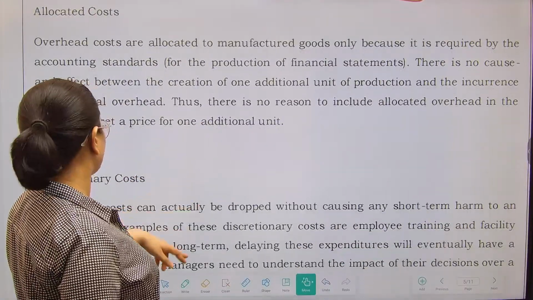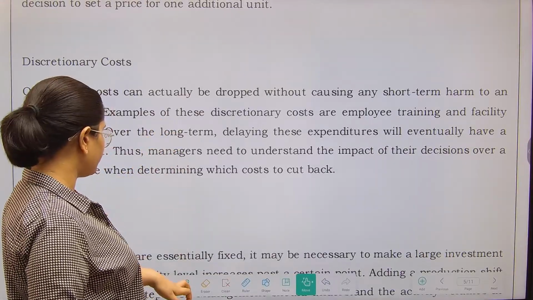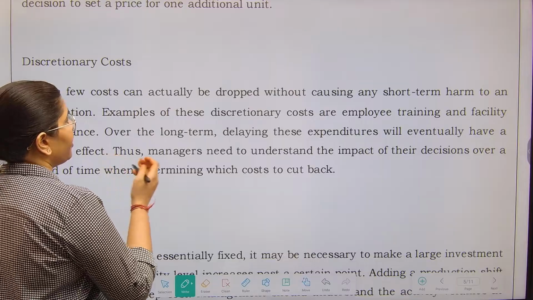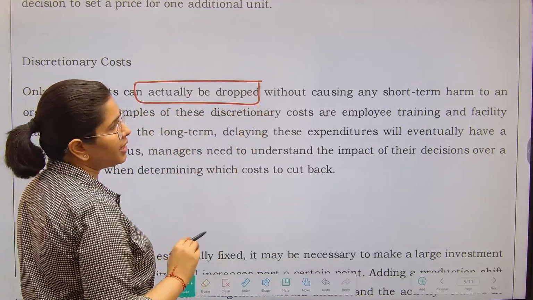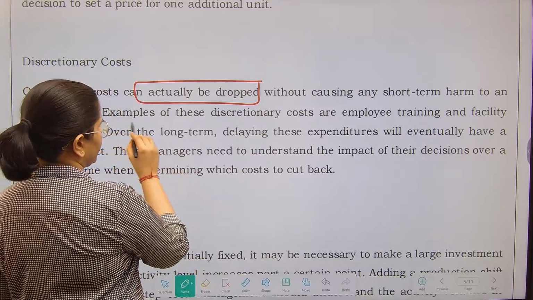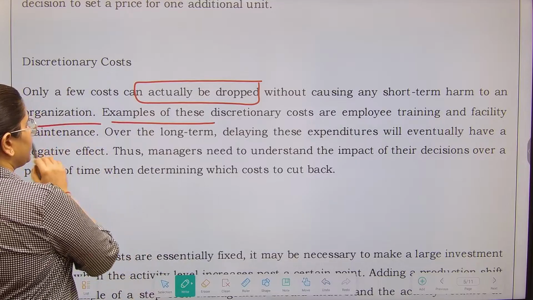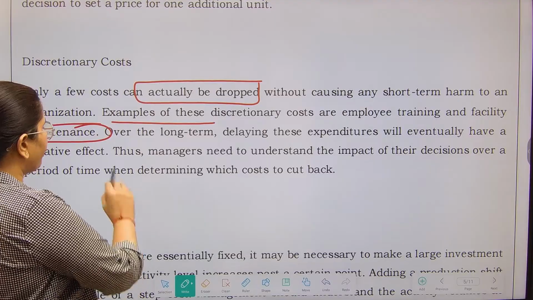Then this allocated cost is not important. This is the concept that you would like to know. So discretionary cost means only a few costs can actually be dropped without causing any short-term harm to the organization. Examples are employee training, facility maintenance. Over the long term, delaying these expenditures will eventually have a negative effect.